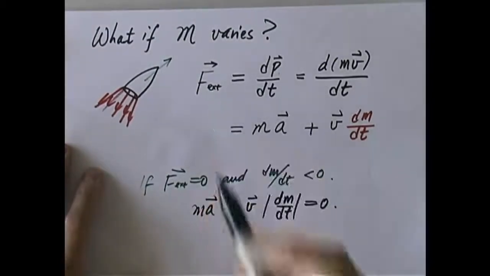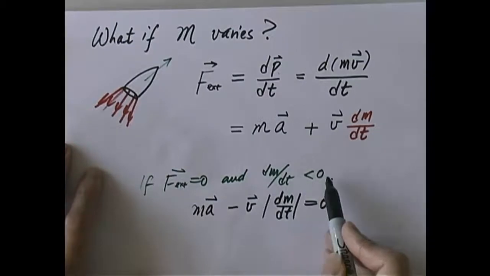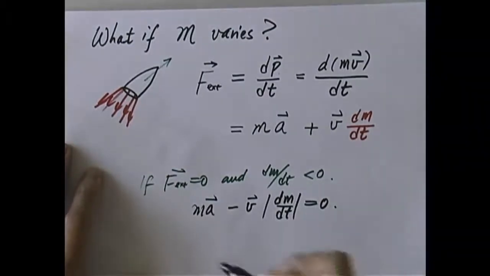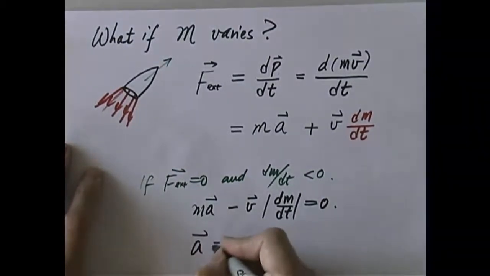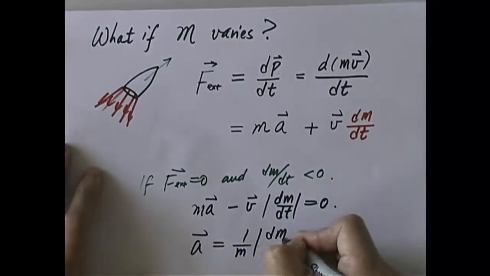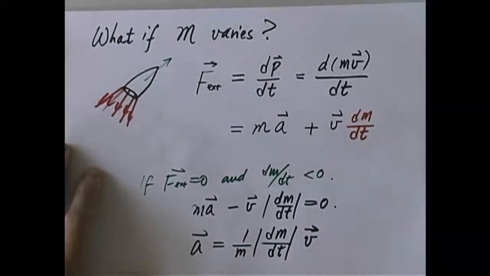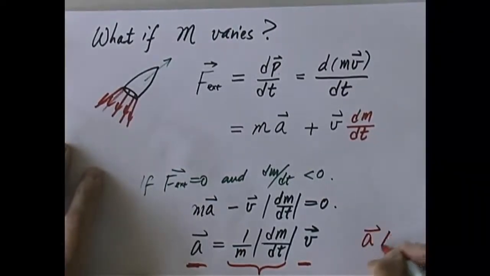First of all, it's 0 because F net is 0. And why is it the negative absolute value of dm dt? Because dm dt is a negative quantity. That's why I can write this. So let me solve for a now. a equals 1 over m, times the absolute value of dm over dt, times v. Indeed, you see, a equals something positive times v, which means a and v are in the same direction. The rocket ends up accelerating forward.